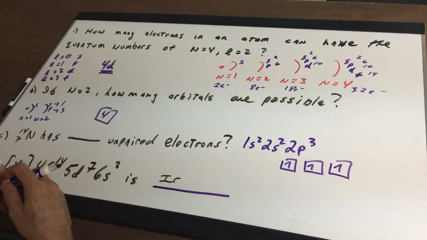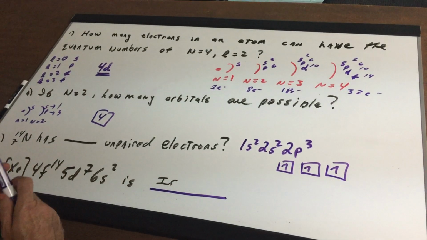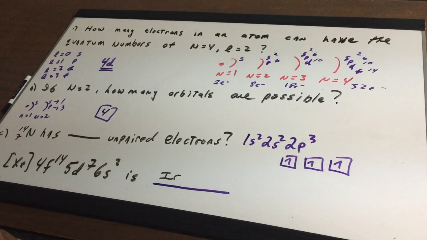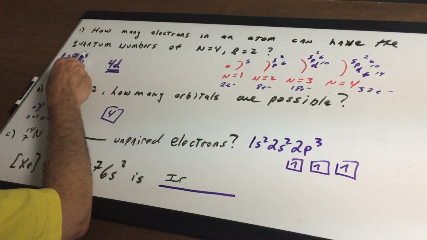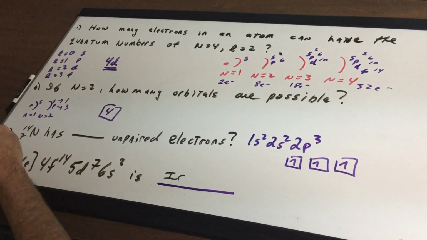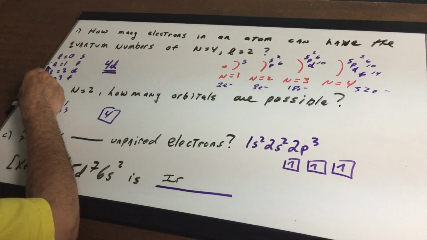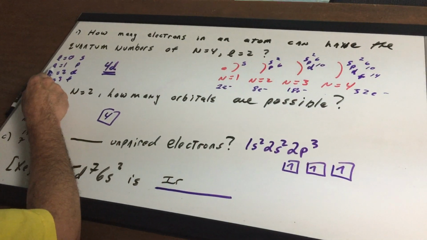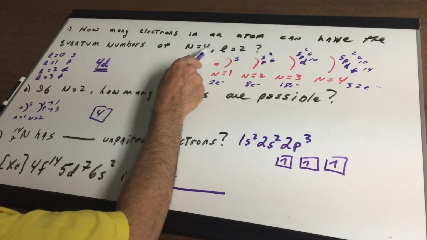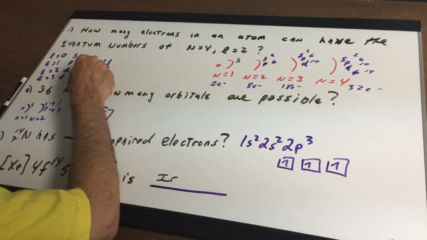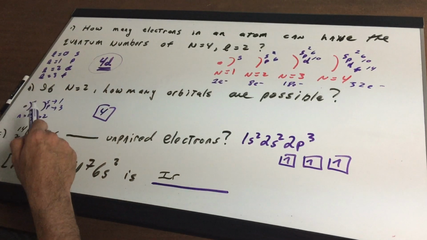Now, if n is 4, L is 2. The L quantum number is called the azimuthal number, and it describes the shape of the orbital. If L is equal to 0, we are describing an S-shaped orbital. If L is 1, P; if L is 2, D; and if L is 3, F. So n equals 4 and L equals 2 is describing the sublevel of 4D.